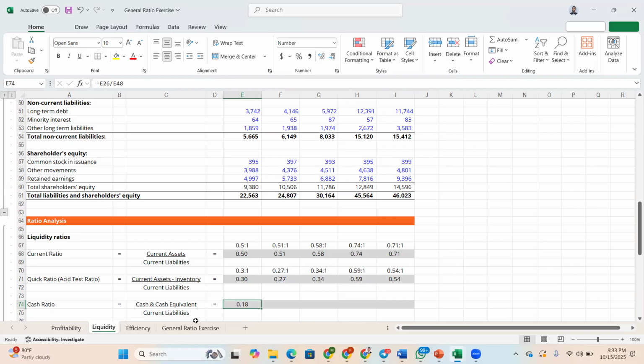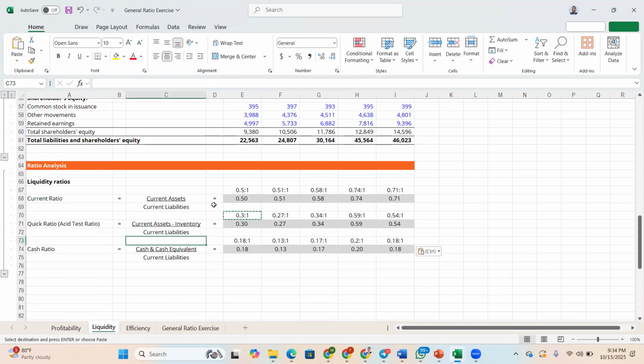All right. So these are cash and cash equivalents, cash ratio. Okay, good. So these are cash ratio.